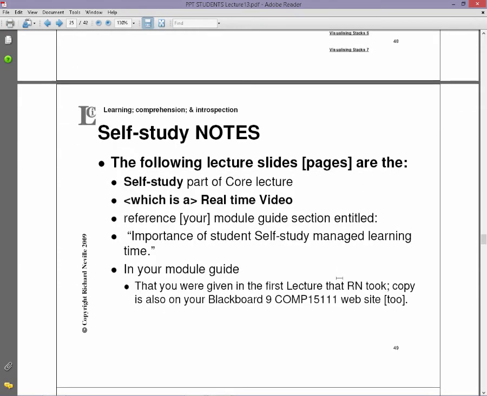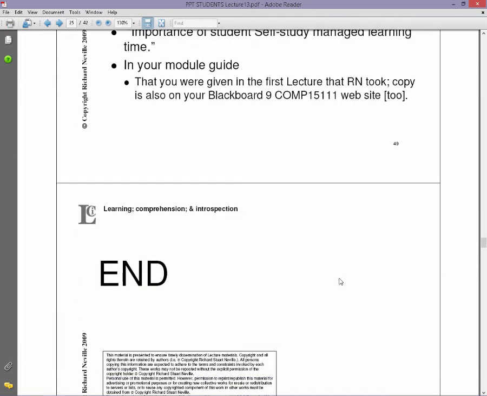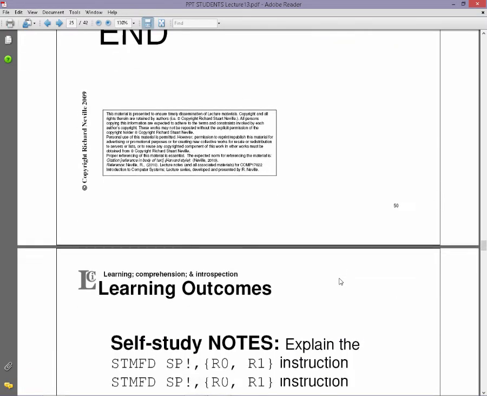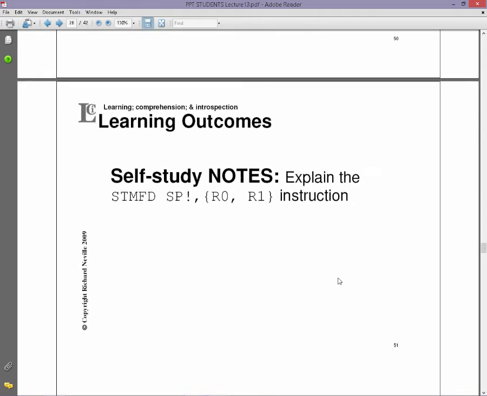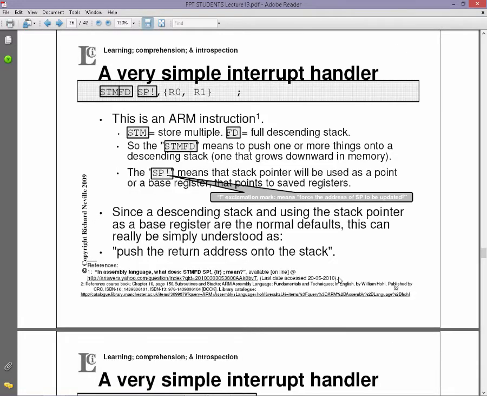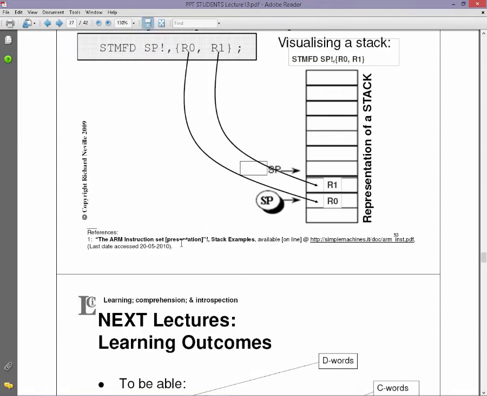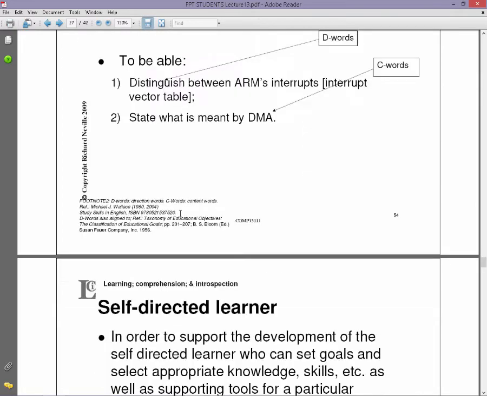Then it talks about self-study notes if there are any extra notes you need to look at. Then it moves on to metadata again to explain any auxiliary points that again will help you learn, and explain some of the keyword terms and instructions and how they work explicitly.